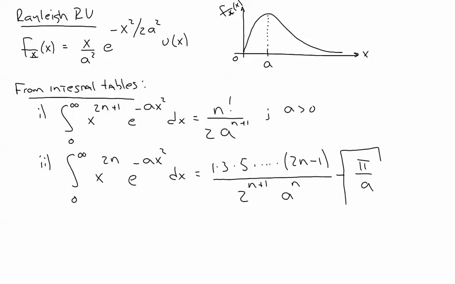So those are the two relationships from integral tables that I need to find the mean and mean squared value for my Rayleigh random variable. So let's go ahead and do the math. The expected value, the mean value of a Rayleigh random variable is going to be 1 over a squared integral from 0 to plus infinity.